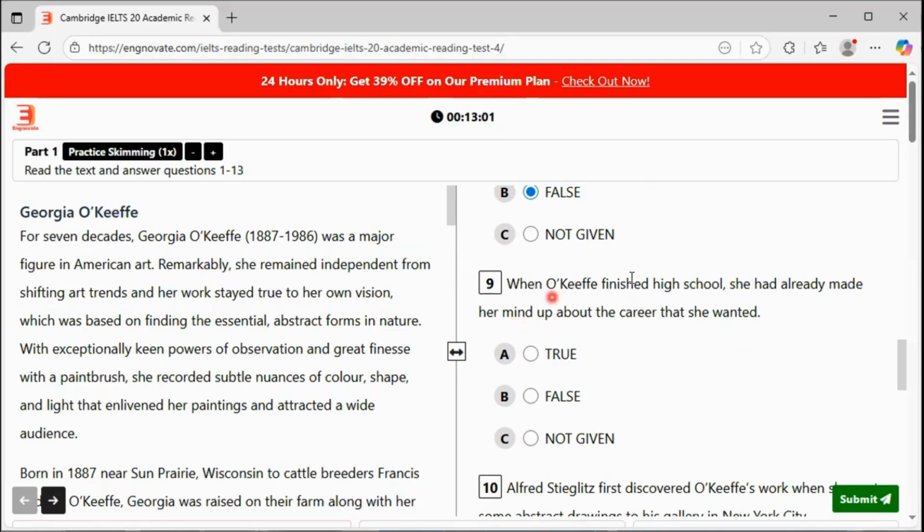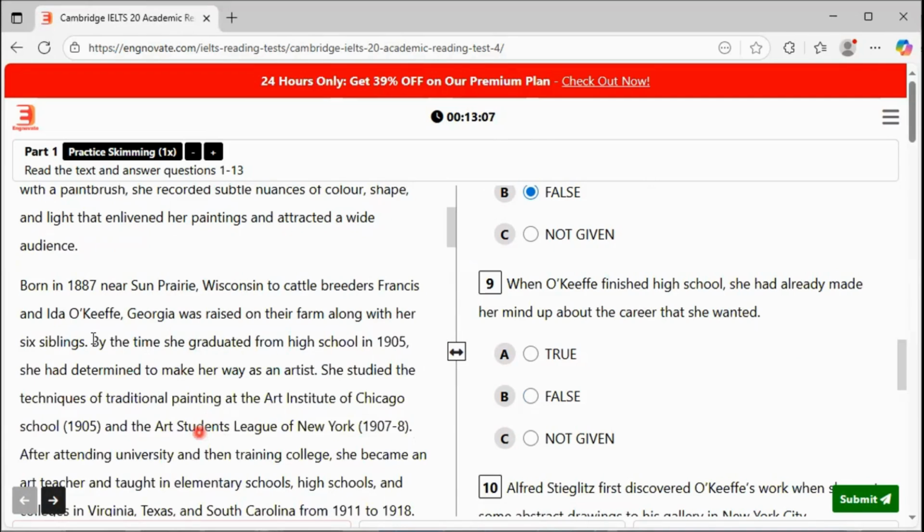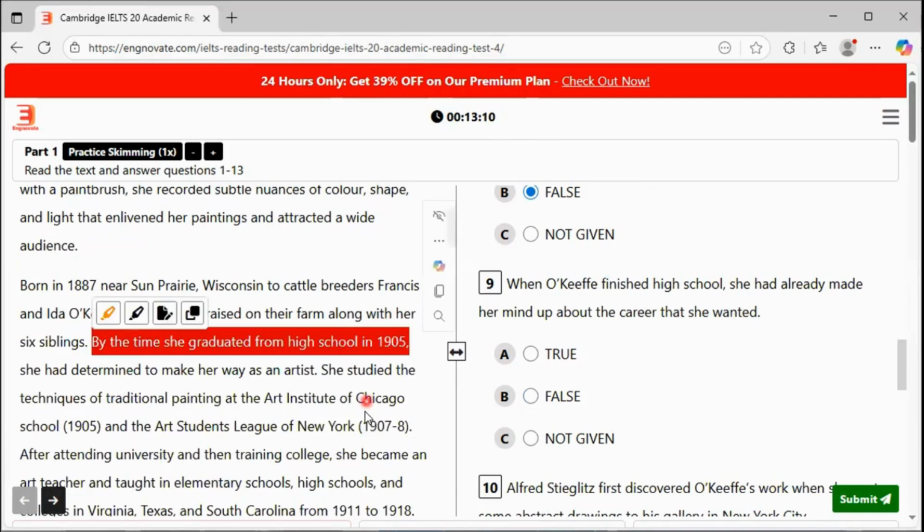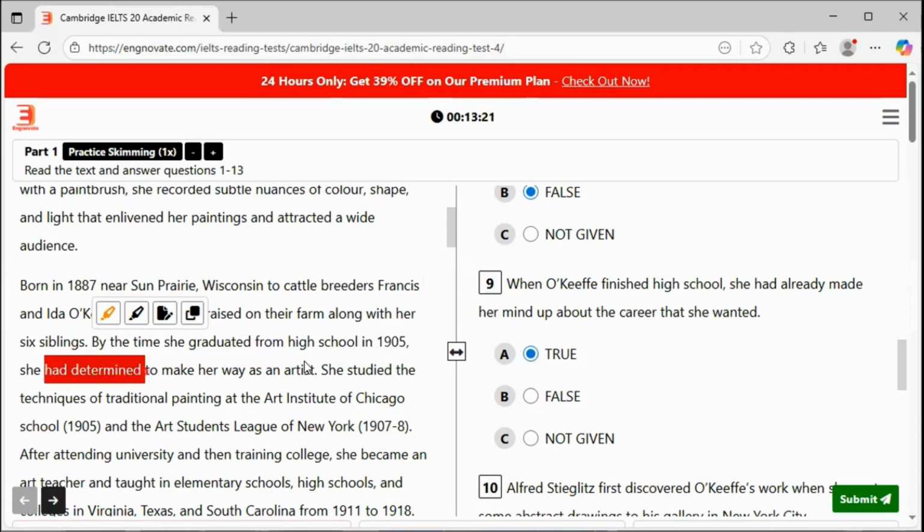Was her mind made up when she finished high school? Let's go check the passage. High school is a keyword for me here. Look at high school here. By the time she graduated from high school in 1905, she had determined to make her way as an artist. Yes, number 9 is true. She already made up her mind. This says she had determined to make her way as an artist. So she made up her mind already to become an artist.